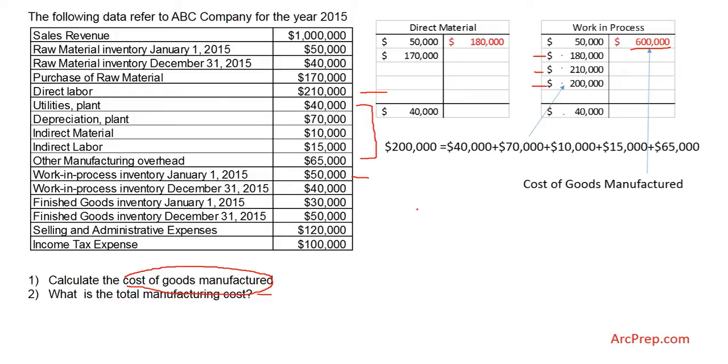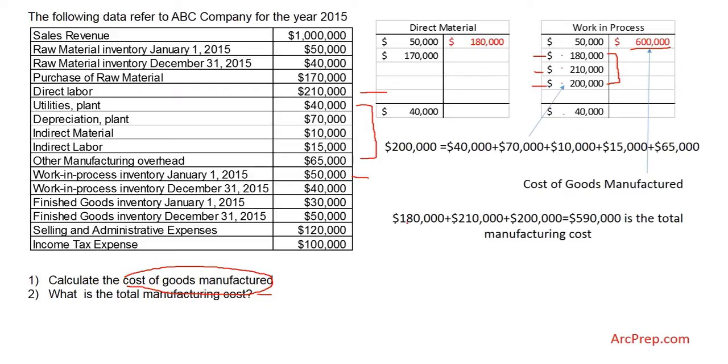Now, total manufacturing cost. As we saw in the other example, in question 2, the total manufacturing cost is nothing but the sum of these three. Transfers in to work in process is also known as total manufacturing cost.